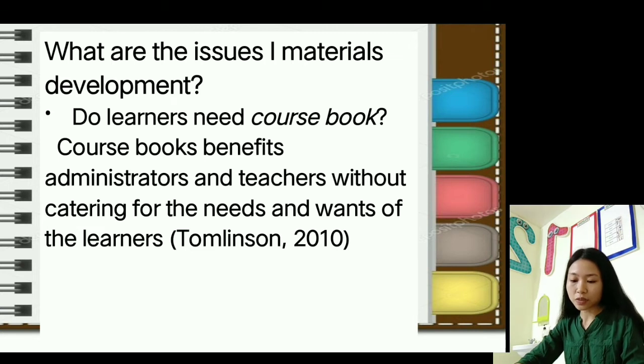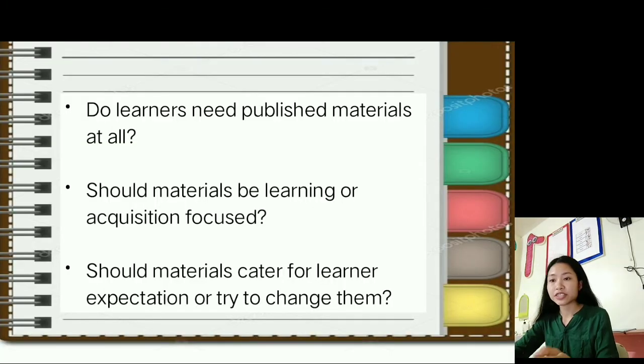Since then, there has been continual debate about whether learners need a course book or not. Opponents have argued that the course book benefits administrators and teachers without catering for the needs and wants of the learners.